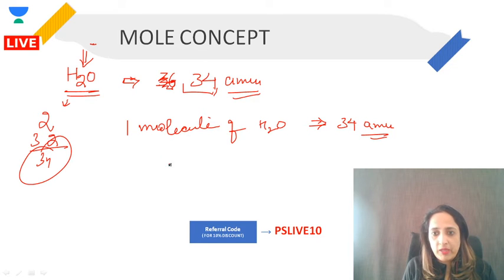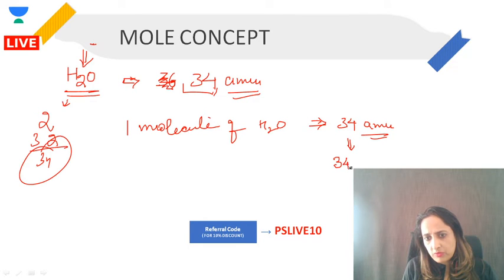Which means when we have this 18 AMU, we can convert it to, for example, 18 grams.